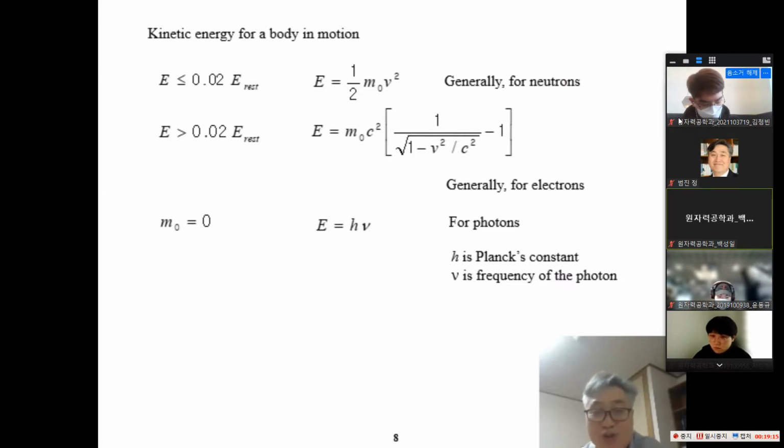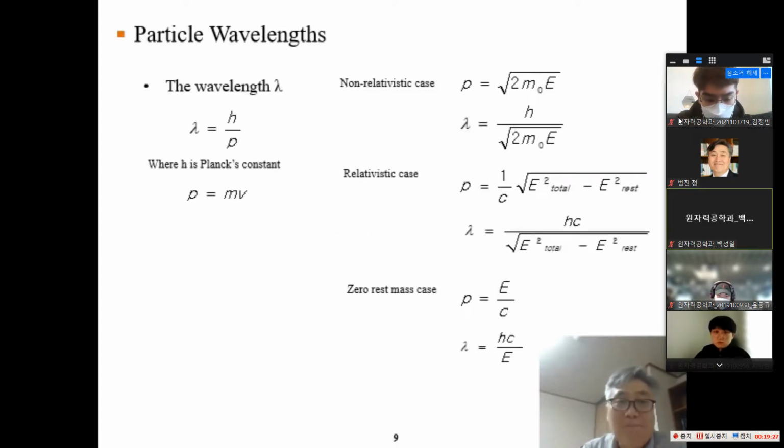Now, particle wavelength. If a particle is moving with some speed or momentum, then we can theoretically calculate the wavelength of the particle.